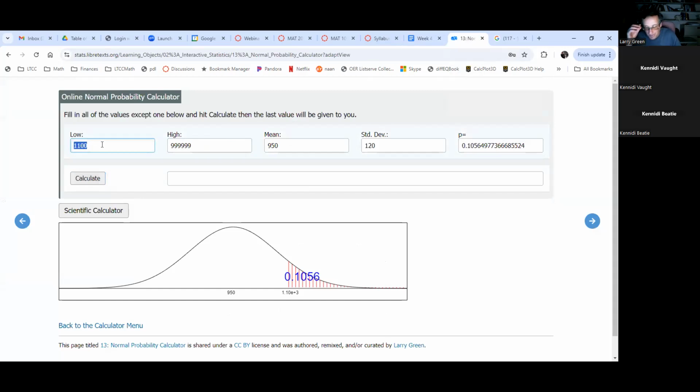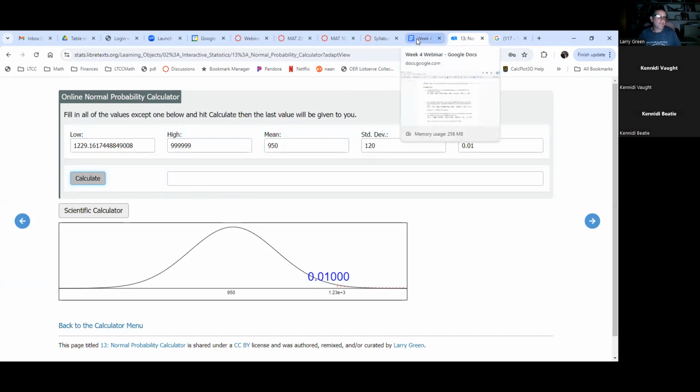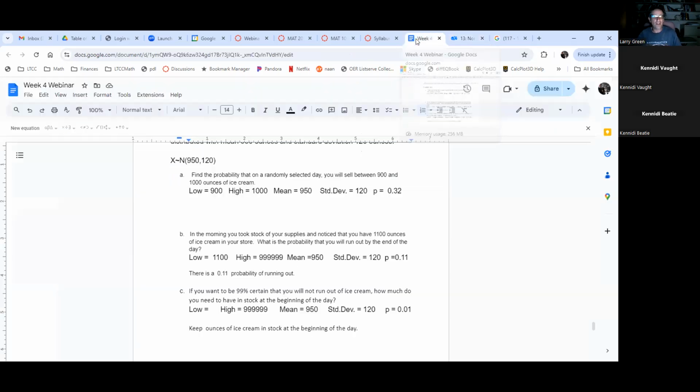And they'll give you the same answer. So low we don't know. The high was a bunch of nines, but now P is 0.01. Same mean, same deviation. And our low is 1,229. Okay, and if you really don't want to run out, probably round up to 1,230.